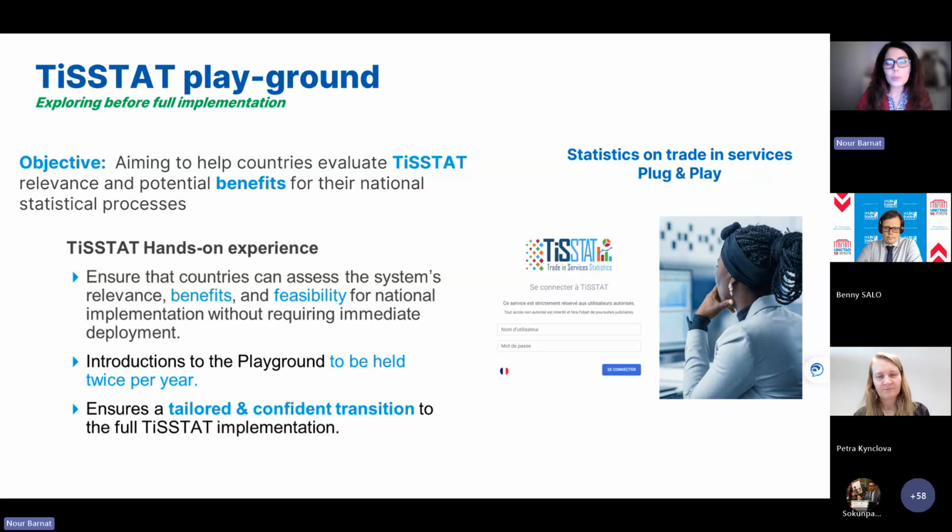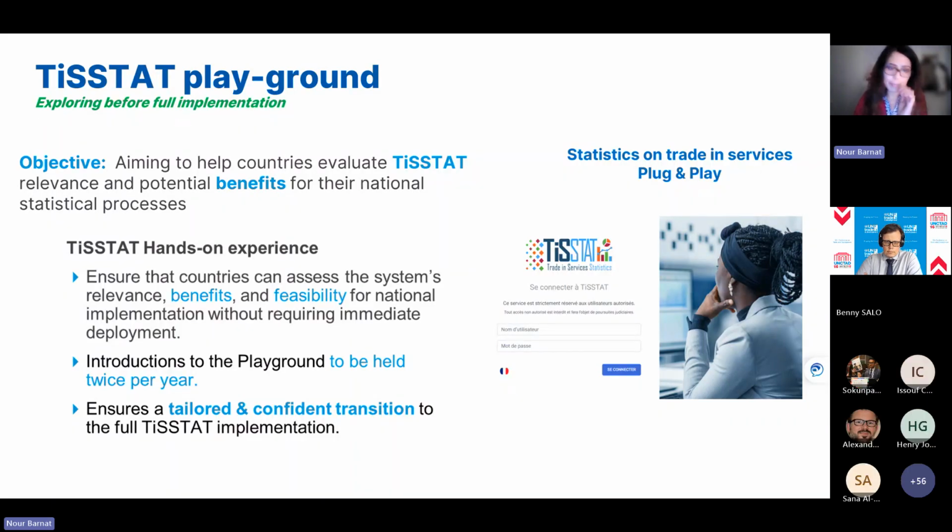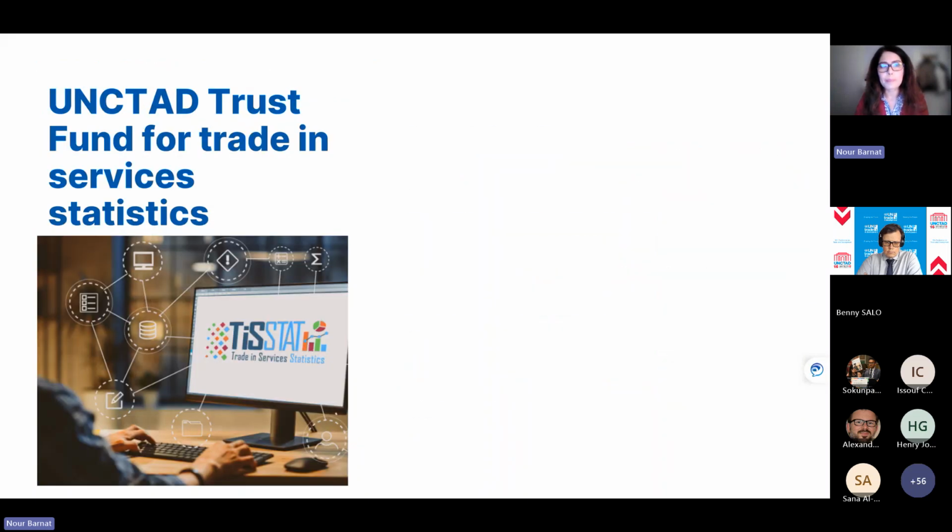We are planning to hold this introduction to the playground twice per year, starting in 2026. The idea is to ensure a tailored and confident transition to a full TiSSTAT implementation. The TiSSTAT implementation is not without cost, and this is why we want them to start understanding if it fits their needs or not by playing with the TiSSTAT platform.